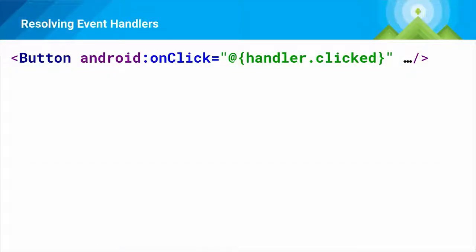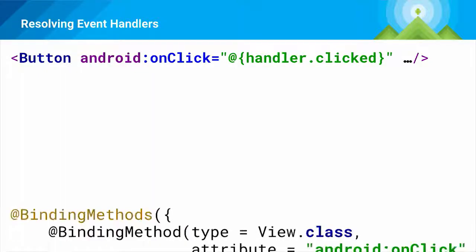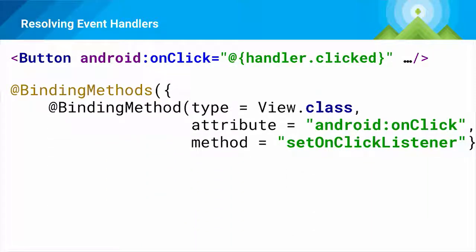Event handlers are a little bit tricky because unfortunately Java 7 didn't have function parameters. You cannot do them. So the way this works is, again, we know there's a binding method that says onClick matches setOnClickListener. And we look at what setOnClickListener expects. It expects a View.OnClickListener. That's an interface, great, and the interface has one method.